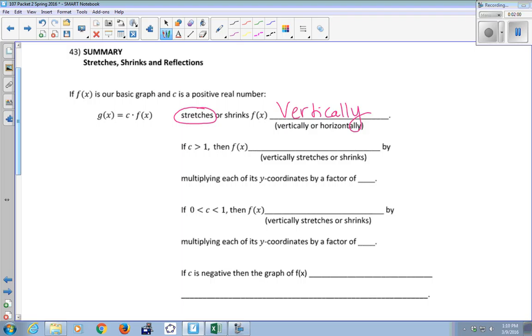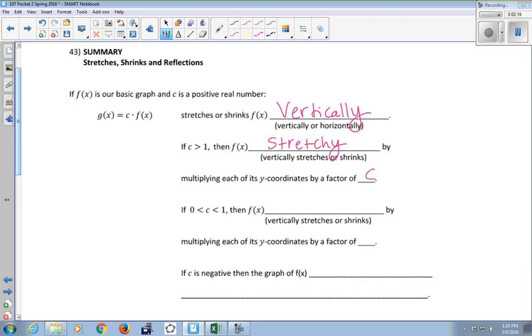Whether it's a stretch or a shrink depends on the size of c. If c is a big number, bigger than 1, then it's a vertical stretch, by multiplying each of the y coordinates by a factor of c.